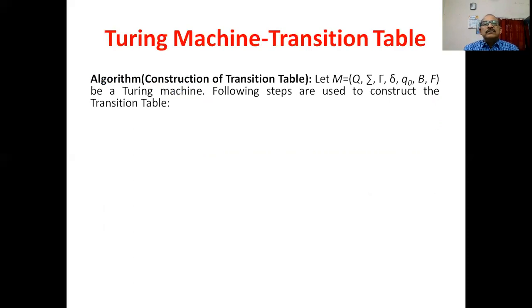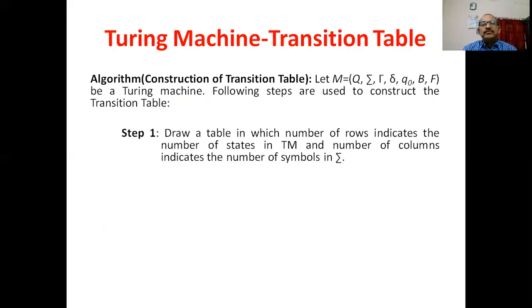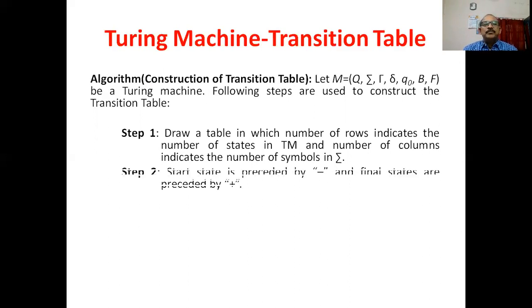Let us take what is the algorithm to make a transition table. Step 1. Draw a table in which the number of rows indicates the number of states in the Turing machine and the number of columns indicates the number of symbols in sigma.